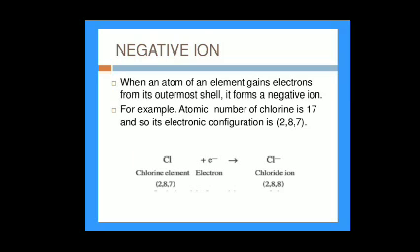So this chlorine atom is unstable. Its valence shell has only 7 electrons. It needs one more electron to get the stable electronic configuration of the octet rule, that is ns2 np6 configuration.